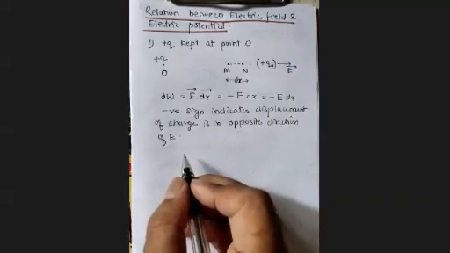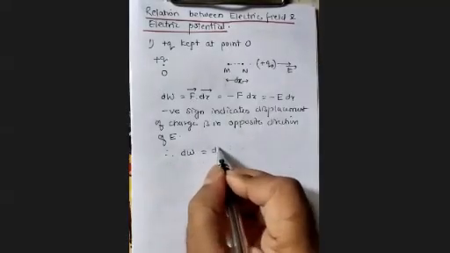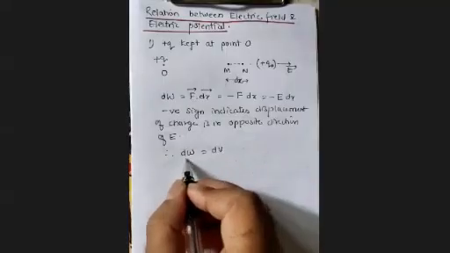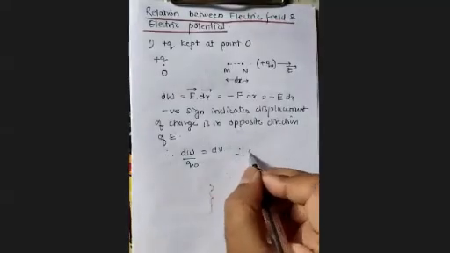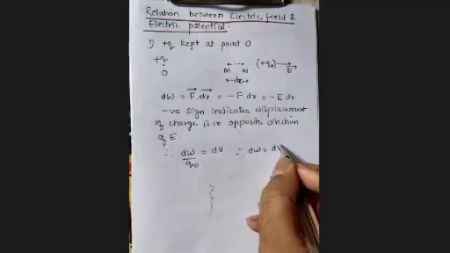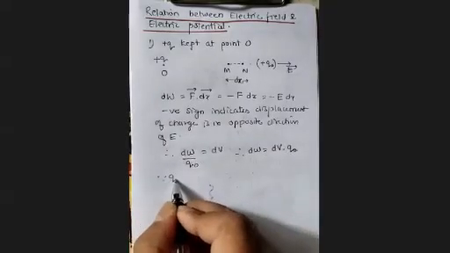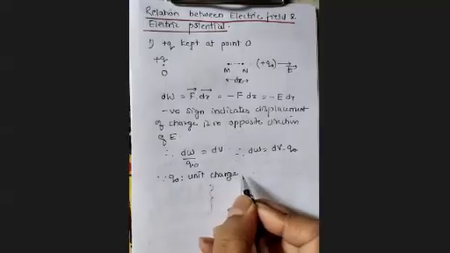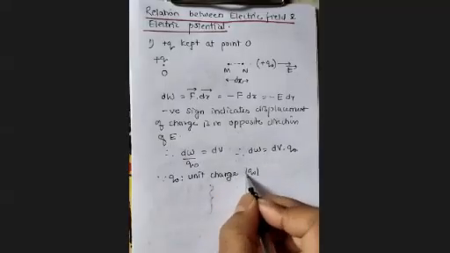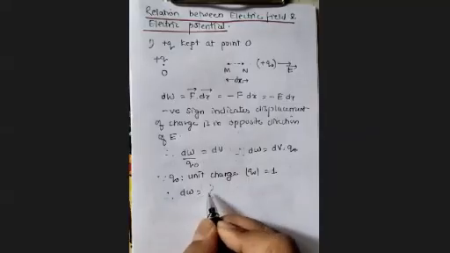Therefore, the work done, we know that it is potential into charge, or potential is equal to work per unit charge. Here the charge is Q naught. So therefore, dW is equal to dV into Q naught. As we know that Q naught is a unit charge, its magnitude is 1. So therefore, dW is equal to dV.